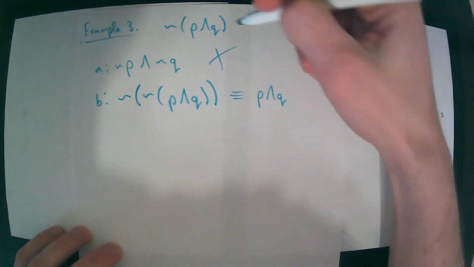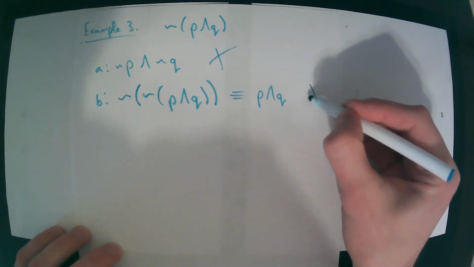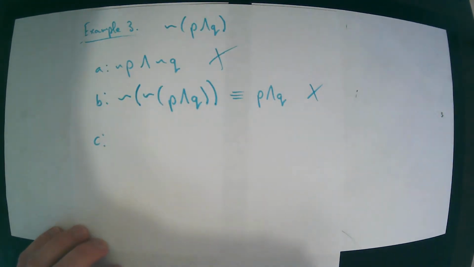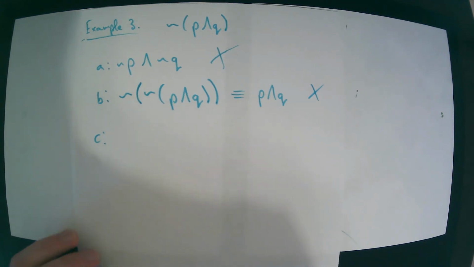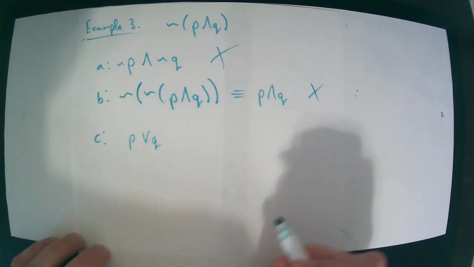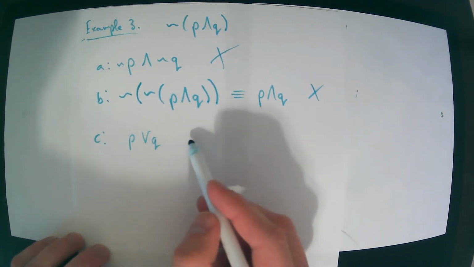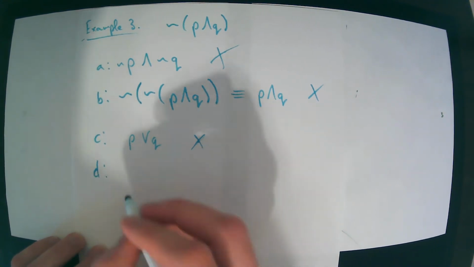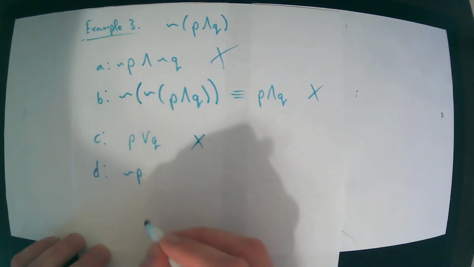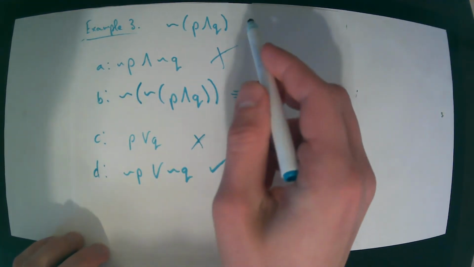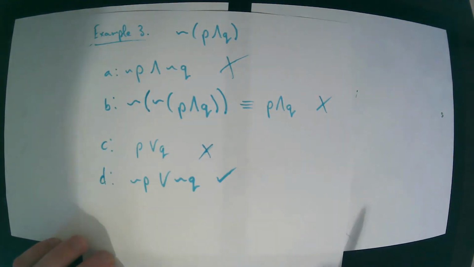So this is not logically equivalent to that, so no. Okay, C is Jack went up the hill or Jill went up the hill. That's P or Q. But that's still not it. The or is there, but that's still not it. And D is Jack did not go up the hill, that's not P, or Jill did not go up the hill. There we go. That's what we're looking for to be logically equivalent to the original. Cool.